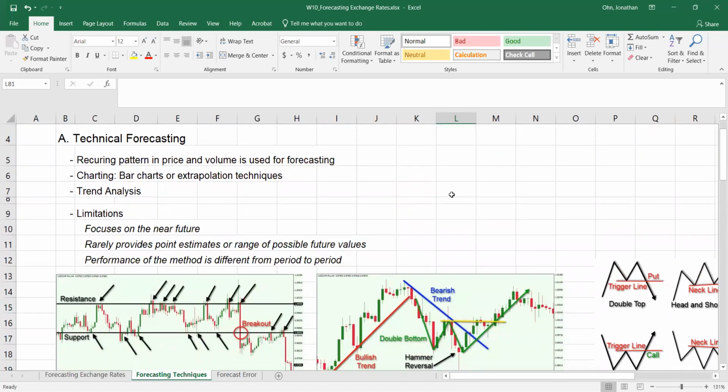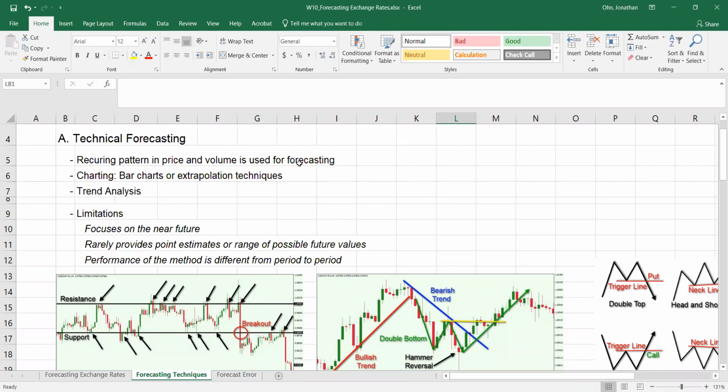What they do is use past price and past transaction volume to figure out any trend or pattern, and then they use this trend or pattern for the execution of their trading.